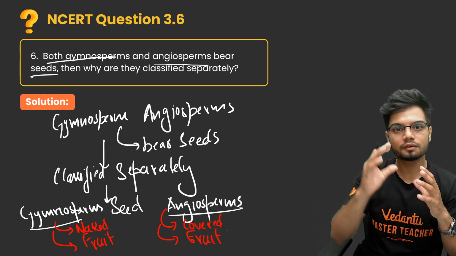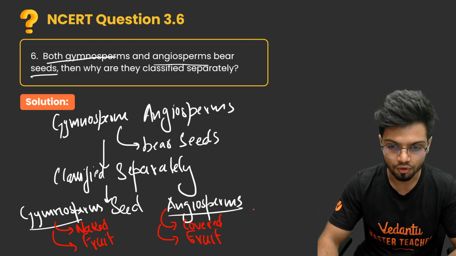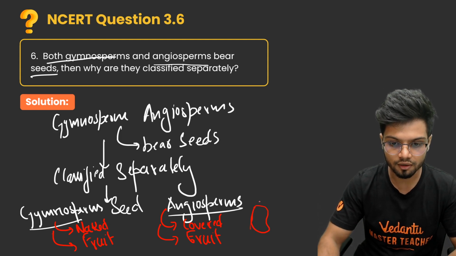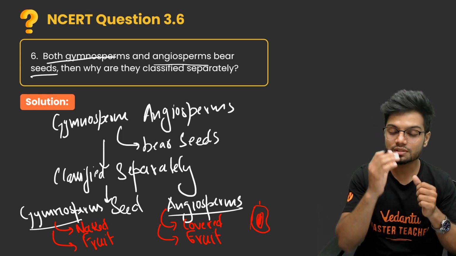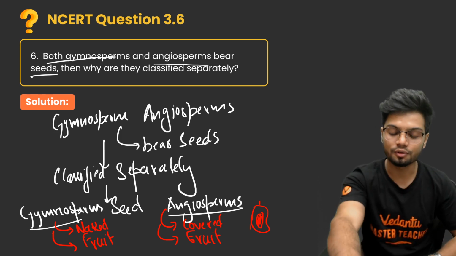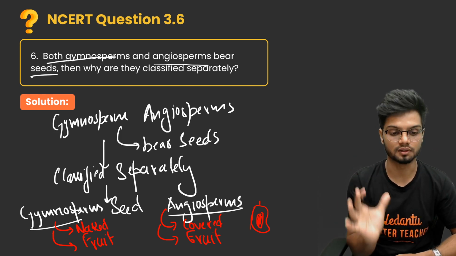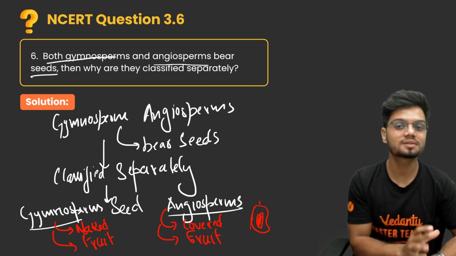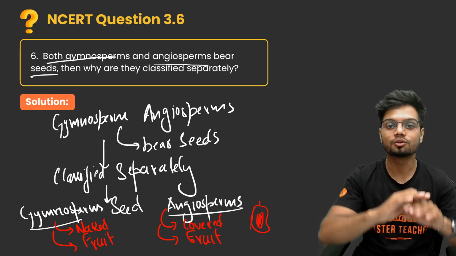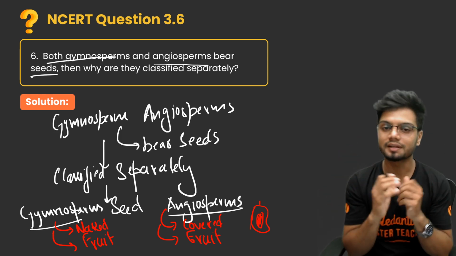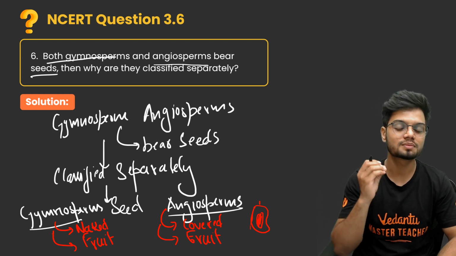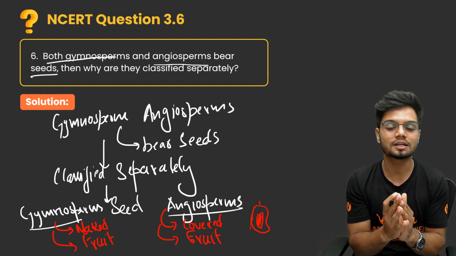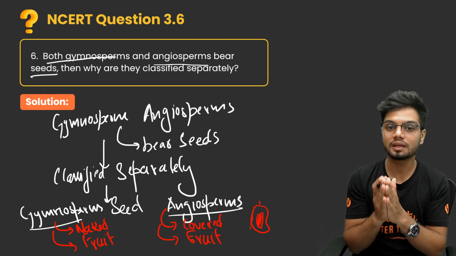We know the mango fruit, and inside we have the seed. The outside is covered by the fruit, so the seed has a covering. In the case of angiosperms, the seeds are covered, while in gymnosperms the seeds are naked, that is, they do not have an external covering over them. That is the major difference between gymnosperms and angiosperms: whether the seeds are covered or not covered.